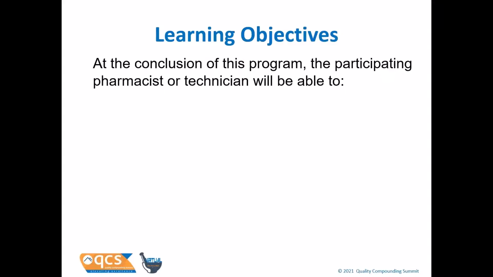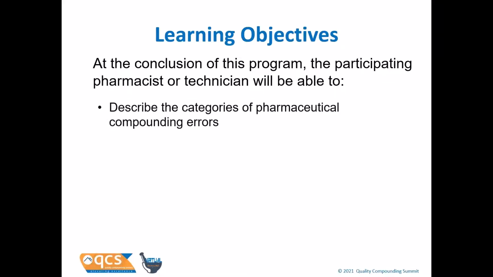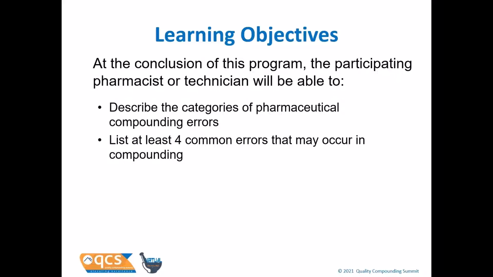Now, concerning the learning objectives, at the conclusion of this program, each individual, whether pharmacist or technician, should be able to describe the different categories of pharmaceutical compounding errors. And in addition, list at least 4 common errors that may occur in compounding. Compounding is very detailed, very technical, and sometimes somewhat complicated, and there are a lot of opportunities for errors.